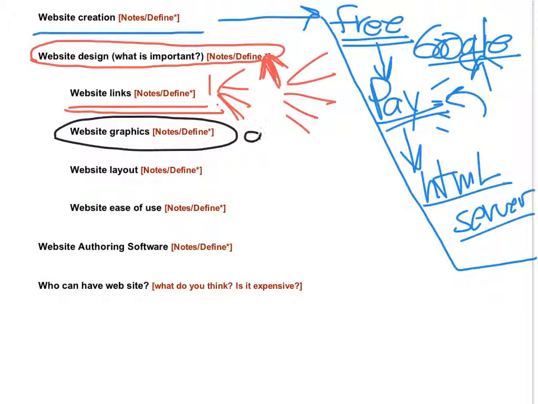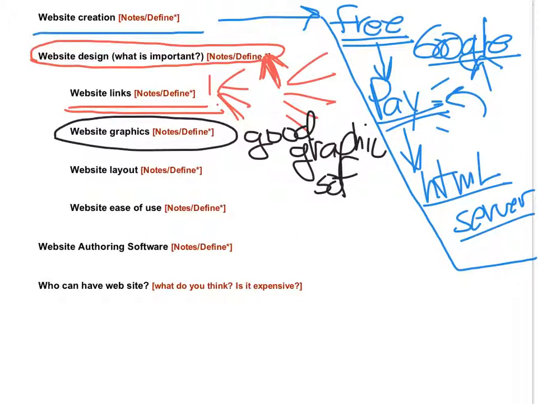Website graphics. Good software helps you develop your graphics. That can be very helpful in terms of how big to make them. You can make a graphic too big and not even get the quality. Bigger isn't better when you're displaying it on the web.